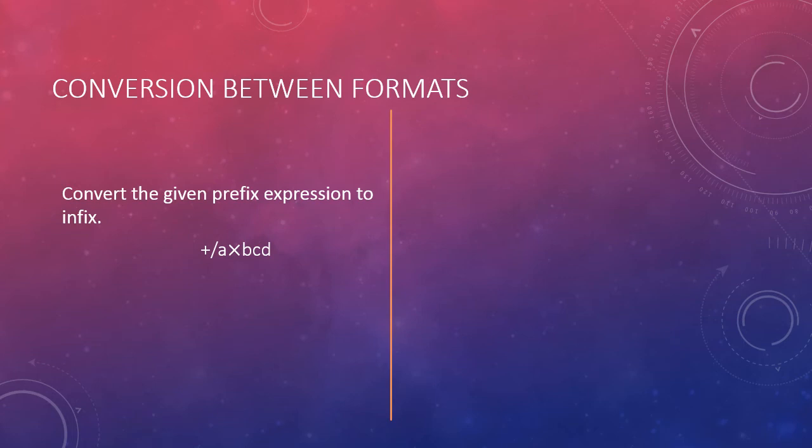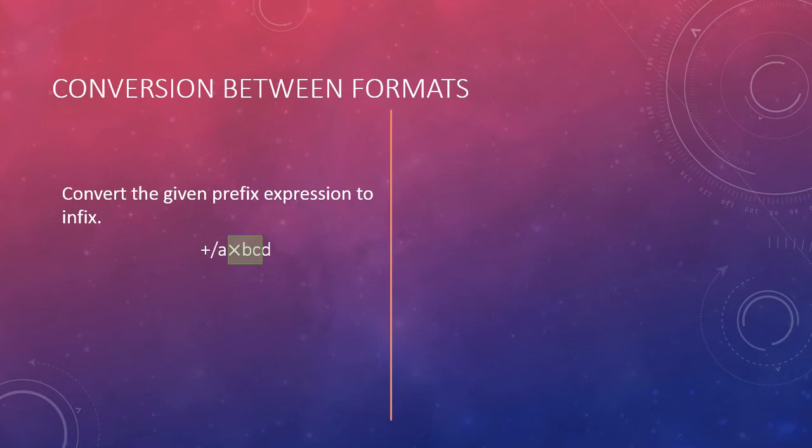So first I look at the plus sign, but it is not followed by any operand. Then I look at the divide sign, but it is only followed by one operand. Then I look at the multiply sign, and this is followed by two operands, B and C. This is the pattern that I was looking for.